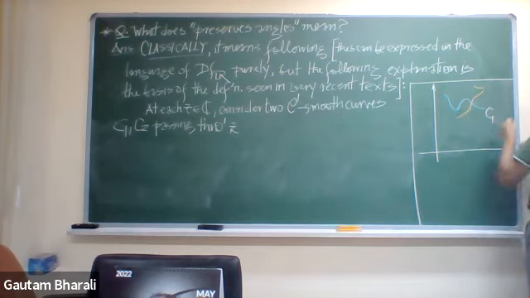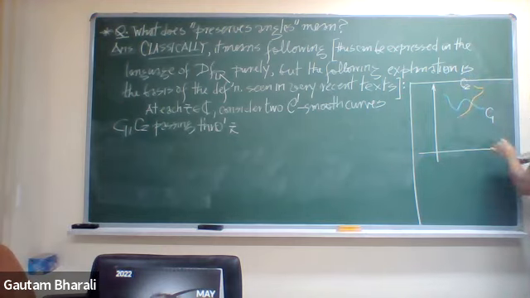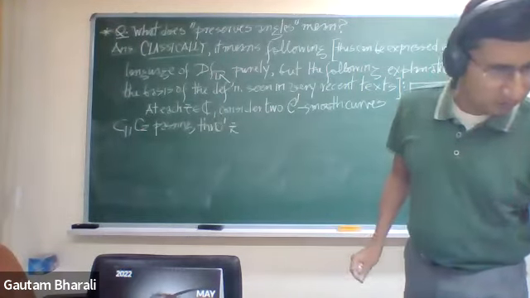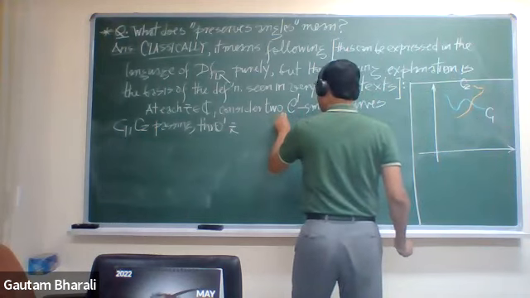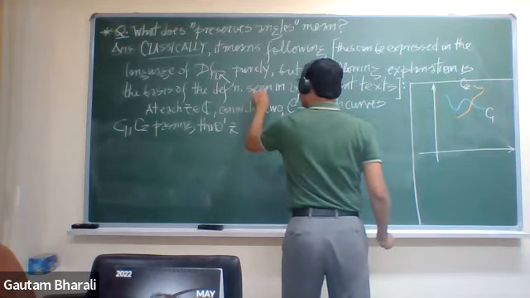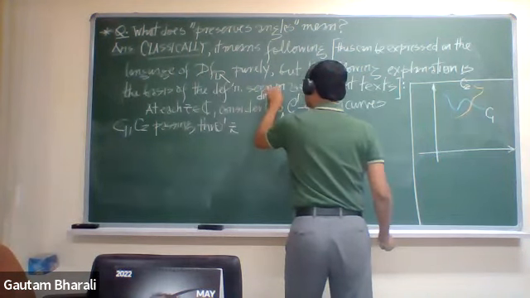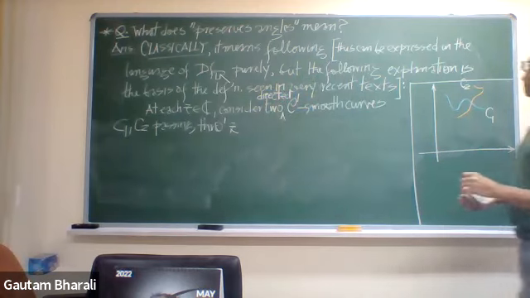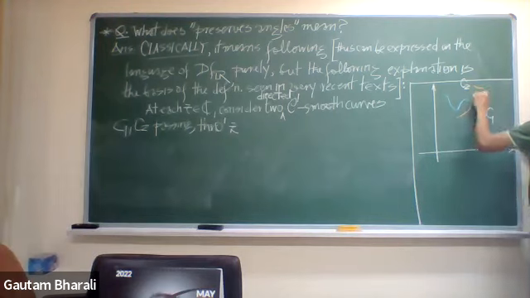This here is C2. I should actually have said, consider two directed smooth curves, meaning I also want to put arrows on them.